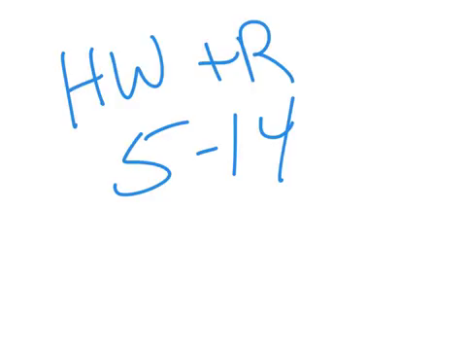Again, we're now getting to the point where we need to find a common denominator. We have different denominators. You cannot add and subtract fractions unless they have like denominators. Like denominators and common denominators are the same thing. Find a common denominator, change both fractions to equivalent fractions, then you can add or subtract. Homework remembering 5-14. Good luck. And may the force be with you.